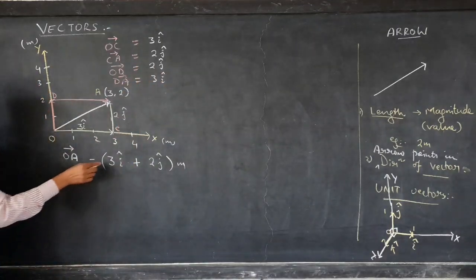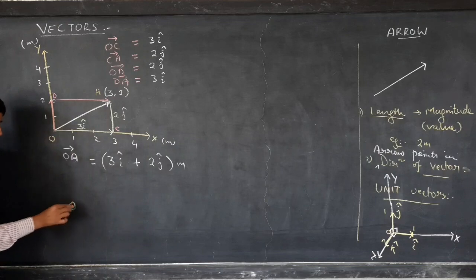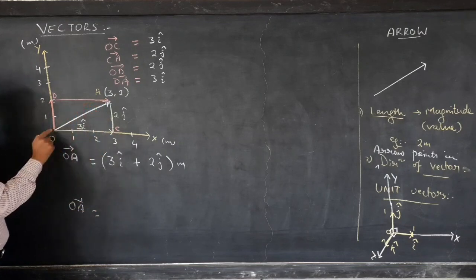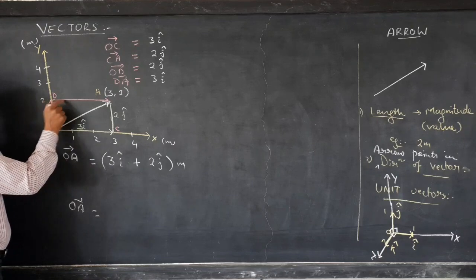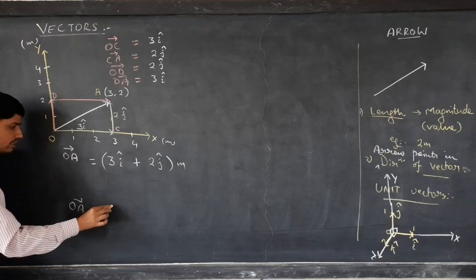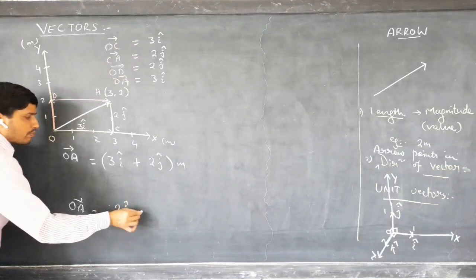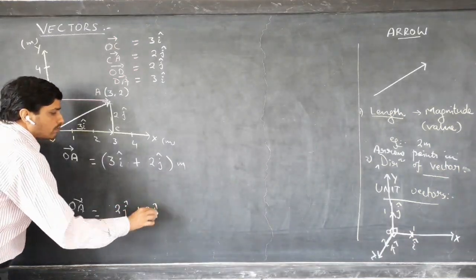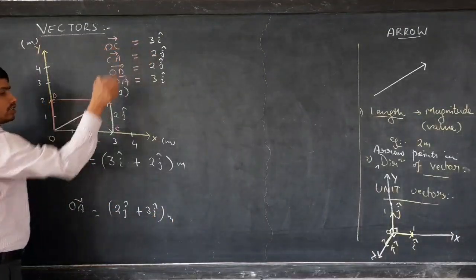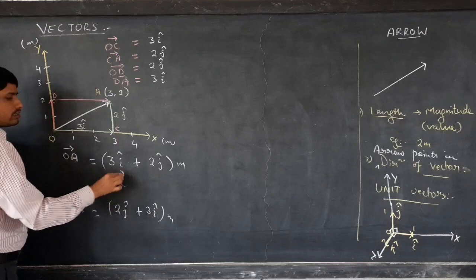Now as I wrote this one, I can also write OA vector, as I told, instead of moving this way, I can follow the other path. First 2 units this side, then 3 units along x-axis. So I can also write it as 2 j cap plus 3 i cap. No harm in that. But 3 i cap is this vector, that is OC vector.